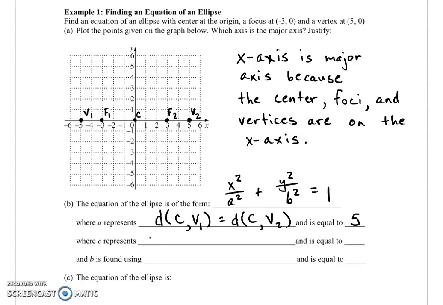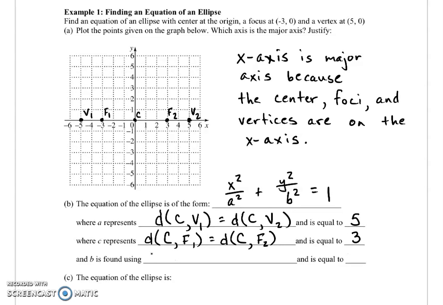C represents the distance from the center to either focus, and in this case it's 3. We can count that.